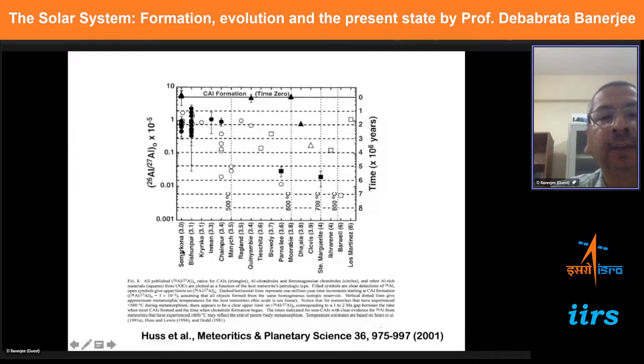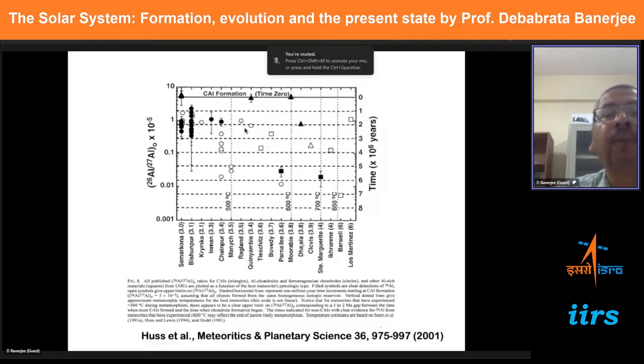There are many of them in different kinds of meteorites. This is metamorphic grades, so basically they have undergone more and more processing, right? So as you go up, these are many different kinds of meteorites, and you can see mostly they fall in this range. And it was deduced that the chondrules have formed between 1 and 3 million years after the solar system formed from these measurements.